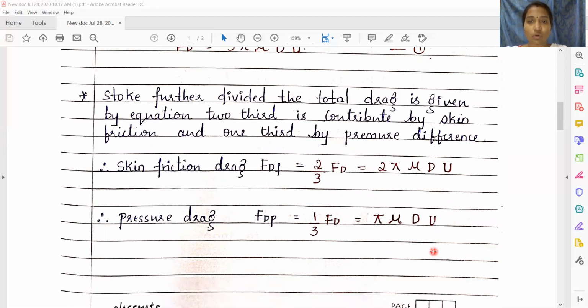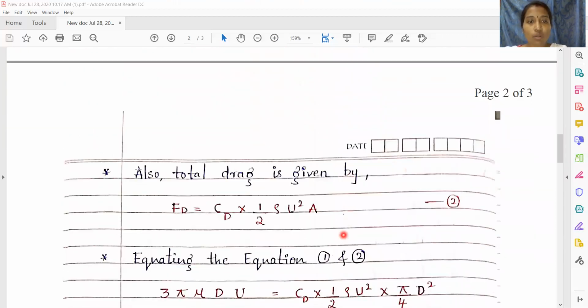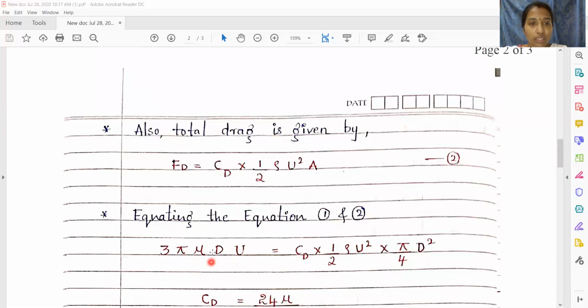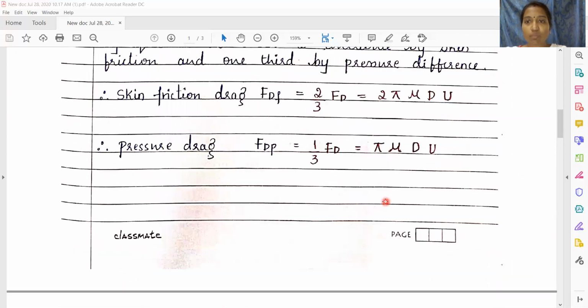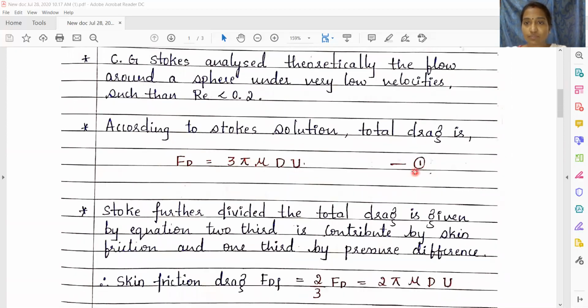Clear? Okay. Next, the total drag formula we know from the starting class is given by Fd is equal to Cd into half rho u square A. This is equation number 2, and equation number 1 is this.